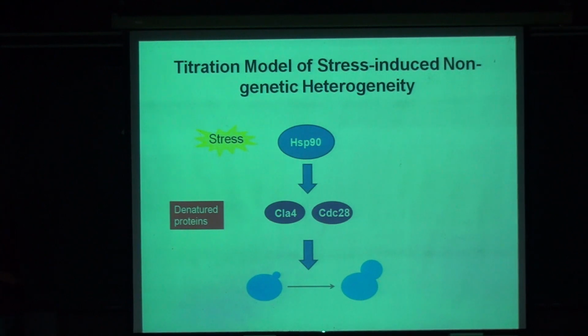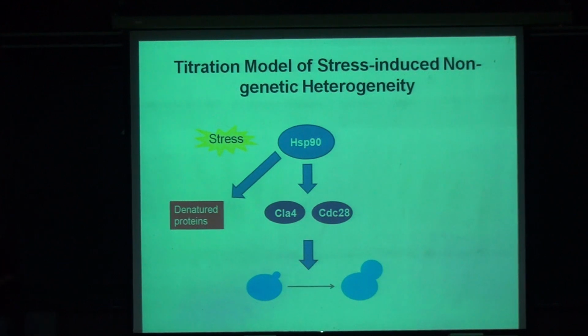And when those denatured proteins appear, they could be very harmful to the cell. So what happens is those chaperones have to redirect to work on them first, because those denatured proteins are going to damage the cell and a lot of cellular functions. So the cell has to deal with those denatured proteins first.